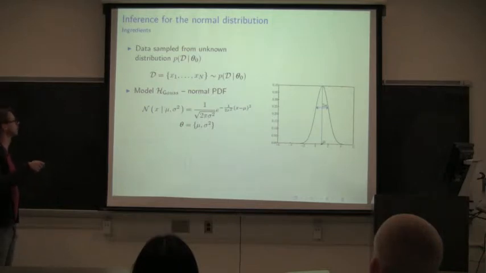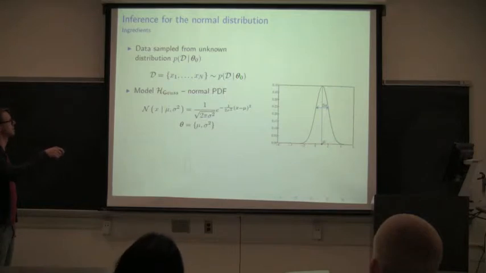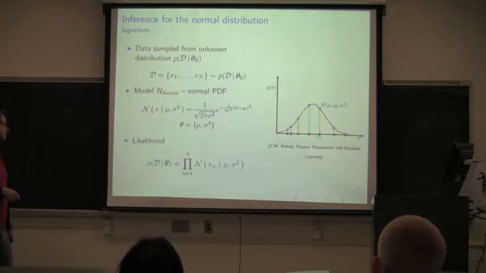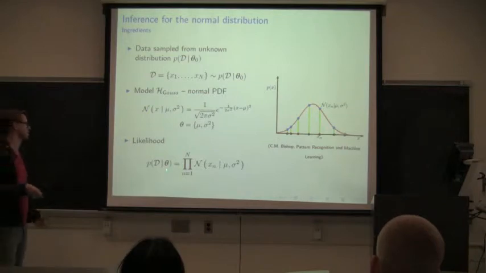For example, we need a model. The model gives us this P of the data given the parameters. For example, a Gaussian. And well, if we write down this distribution for all the observations, then this is the likelihood.